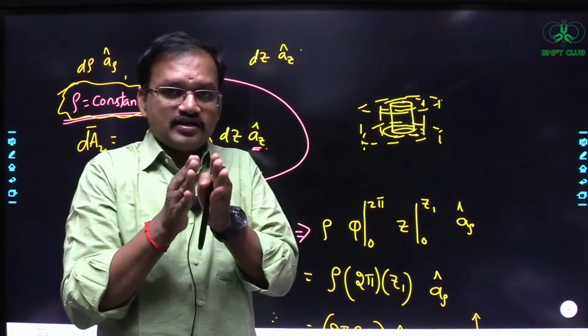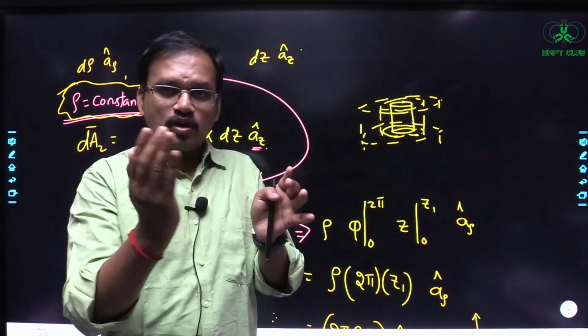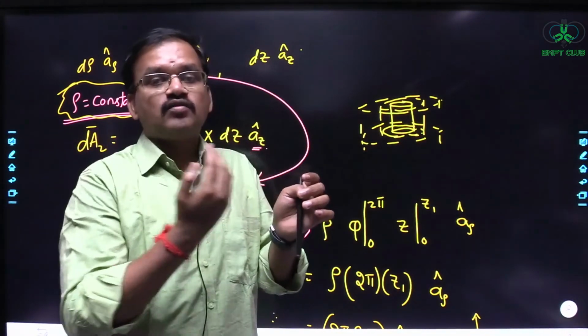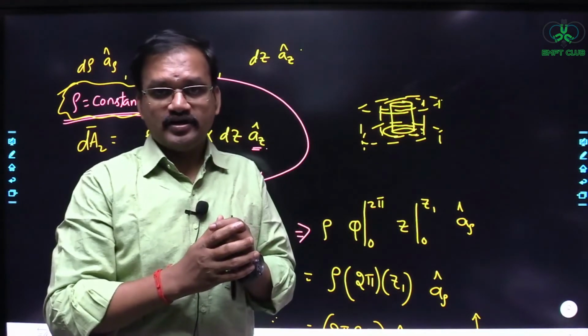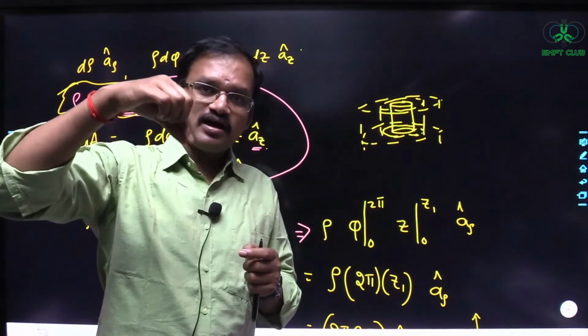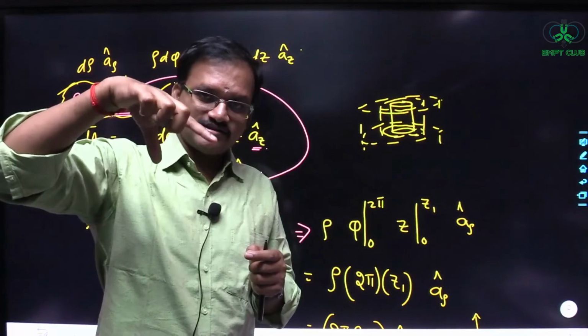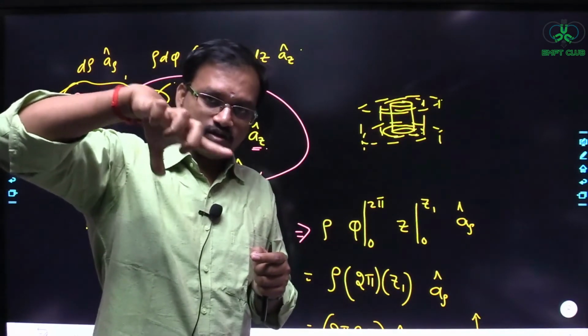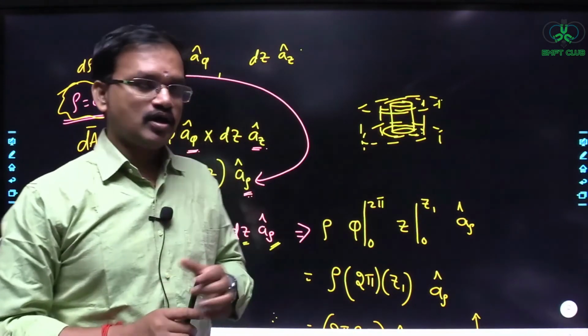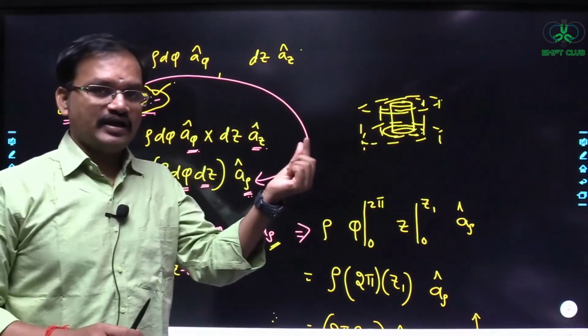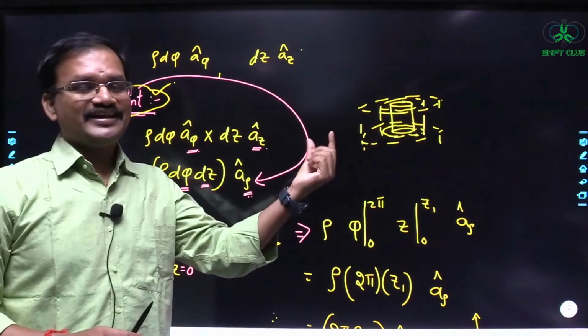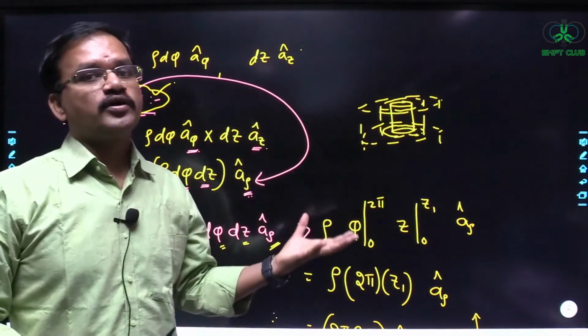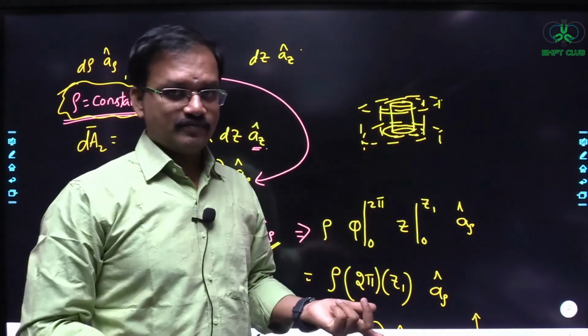If you extend that in the a_rho cap direction, you are going to get the volume of the cylinder. It's just like placing concentric cylinders one after the other by varying rho. So take this small surface and extend it in its perpendicular direction, and you are going to get the volume of the cylinder.